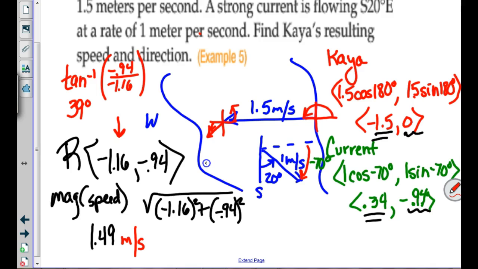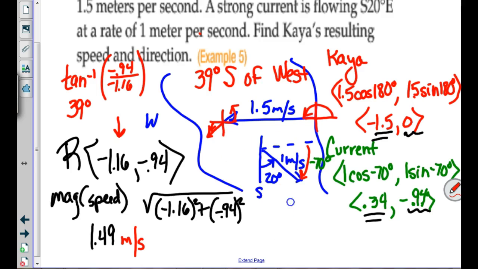So it would be south of west. Can we just say south of west, or do you want to go back to this kind of off of south? Then we got to do some crazy. Yeah, let's just stick with it's pushing her 39 degrees south of west. Like she was trying to swim straight west, but it's pushing her 39 degrees.